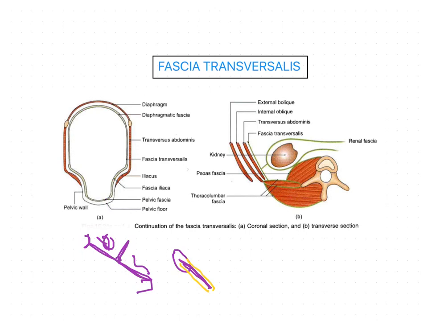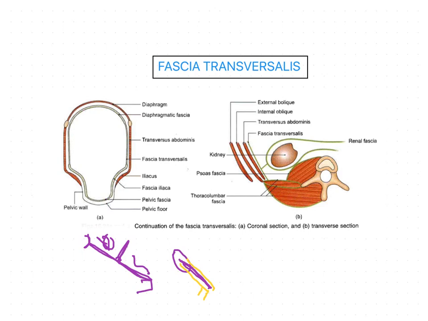And over the femoral vessels, after it reaches the inguinal part and the spermatic cord, this fascia is also prolonged over the femoral vessels into the thigh as the anterior wall of the femoral sheath.